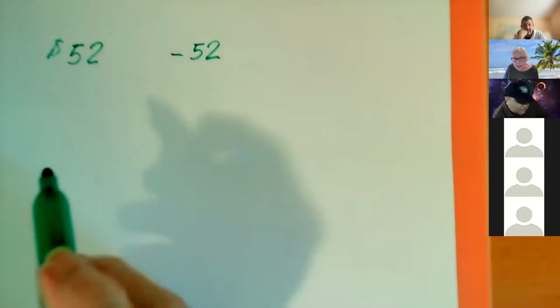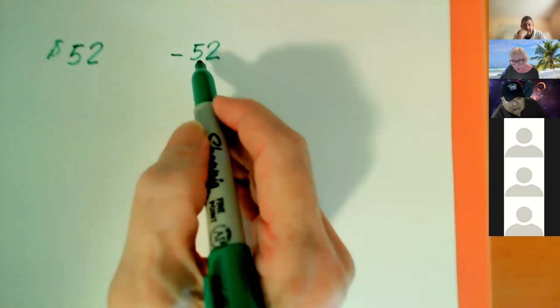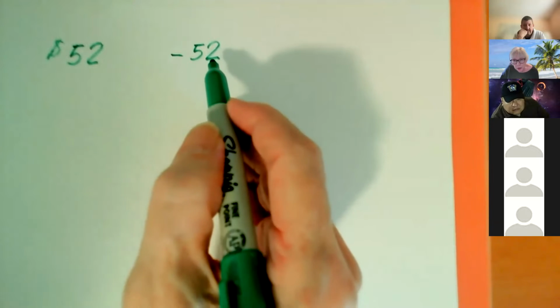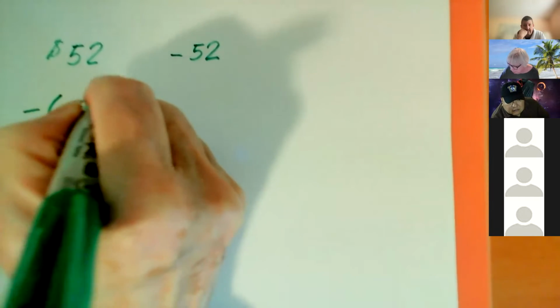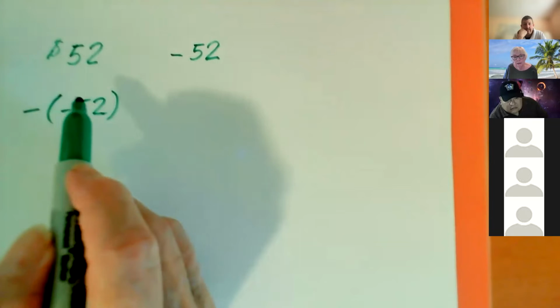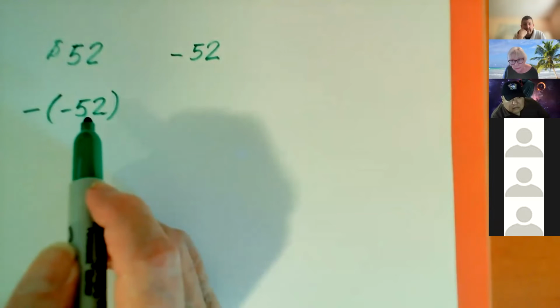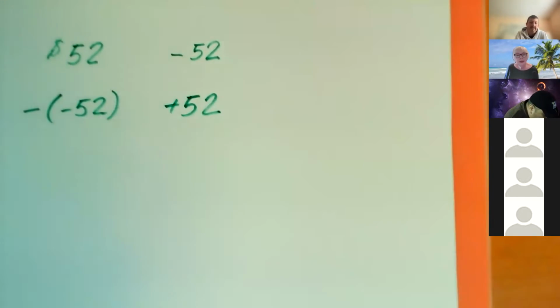Now, what happens is they have to reverse this. So to reverse this $52 that's in the negative, you have to do the opposite of that negative 52. So basically you get a credit. So now your statement is reconciled.